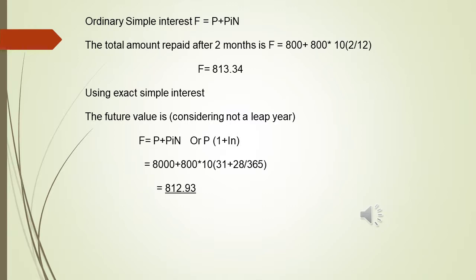We have the formula for simple interest: F is equal to P plus P into I into N. So the total amount repaid after 2 months, when N is 2, we get F is equal to 800 plus 800 into 10 into 2 by 12, for 2 months.